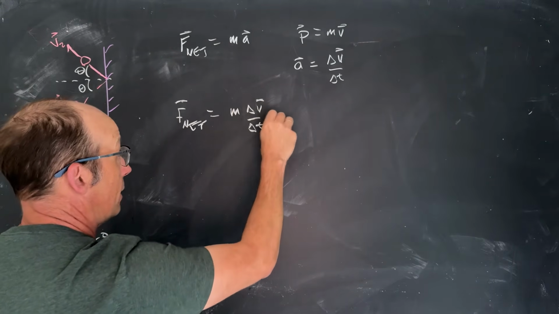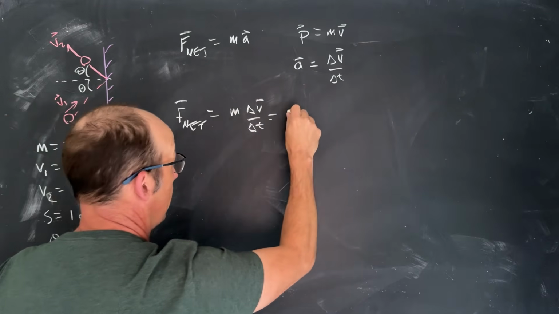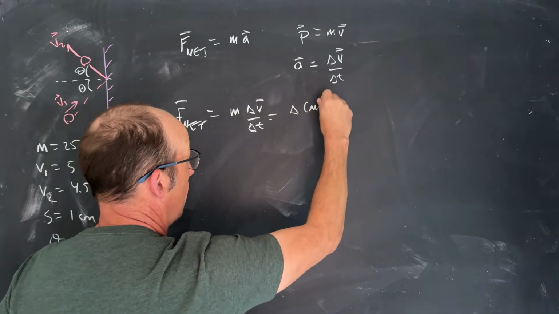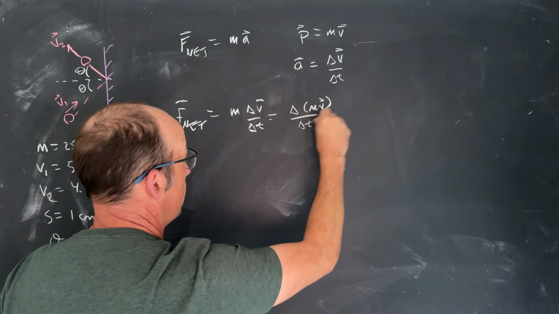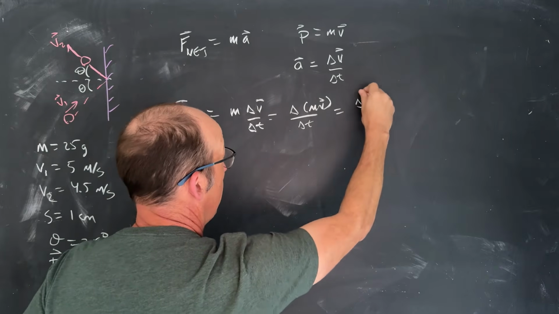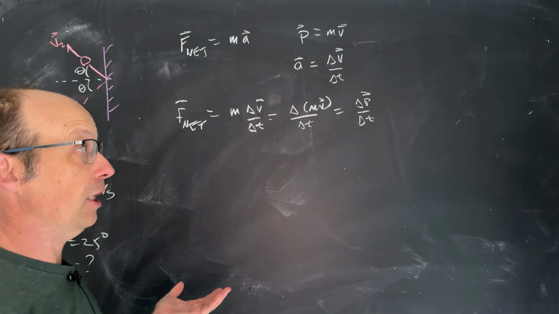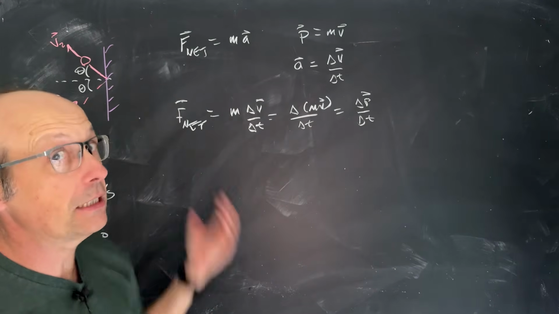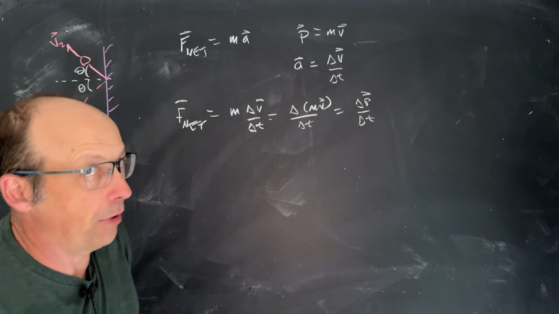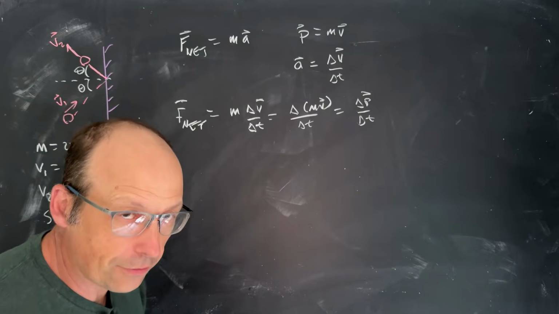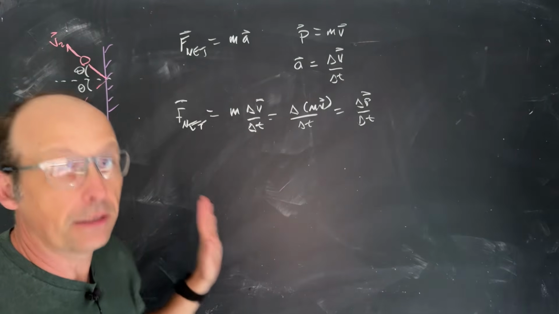And if the mass is constant, I can bring that into the change, and I get delta mv over delta t, or delta p over delta t. So the net force on an object is the change in momentum with respect to time, which is the same thing as Newton's second law for almost all practical purposes. Not quite the same thing. This one's actually a little bit better, but there you have it.